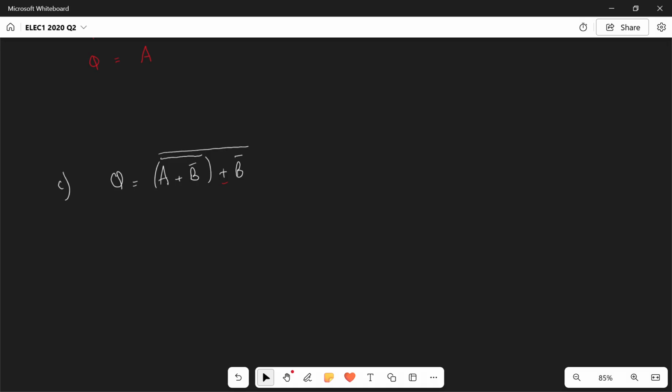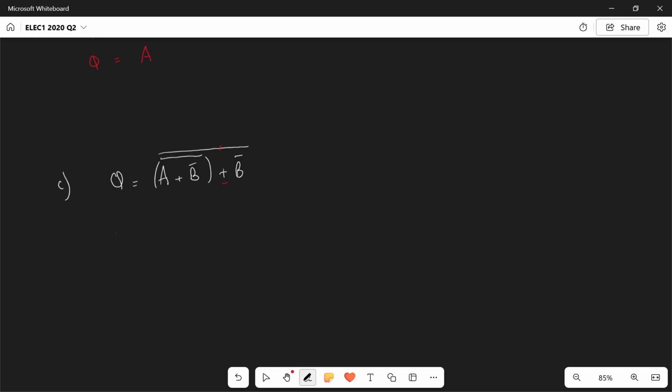Remember, when you do De Morgan's theorem, try and work from the outside in, so the largest expression, and work down to smaller expressions. The tendency is to try and maybe break things up from the inside, but no, work from the outside in. So we're going to look to divide that line there, and that OR gate expression is going to turn into an AND gate expression.